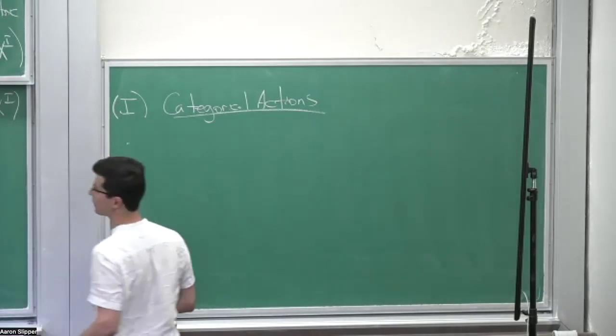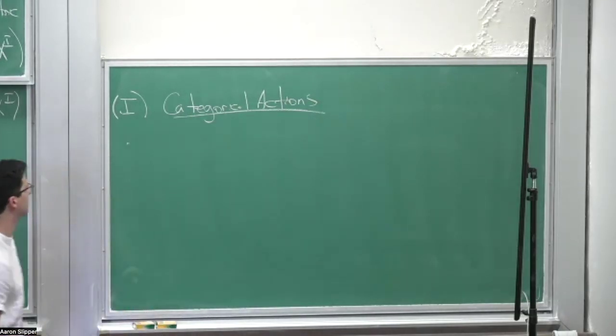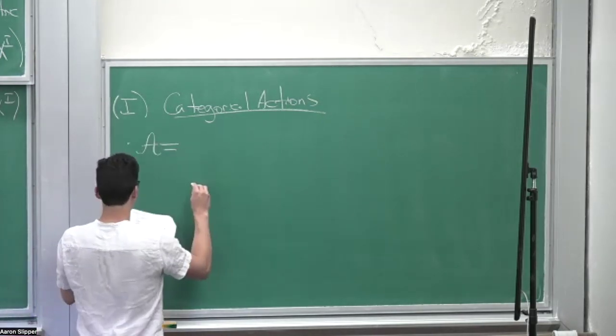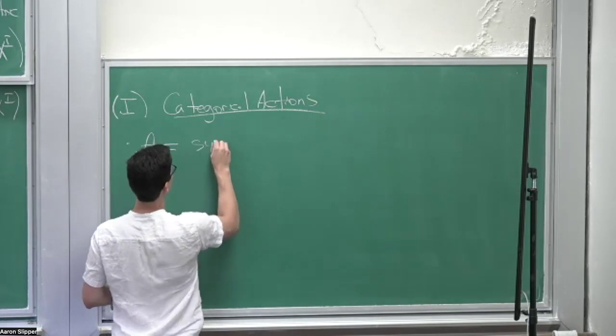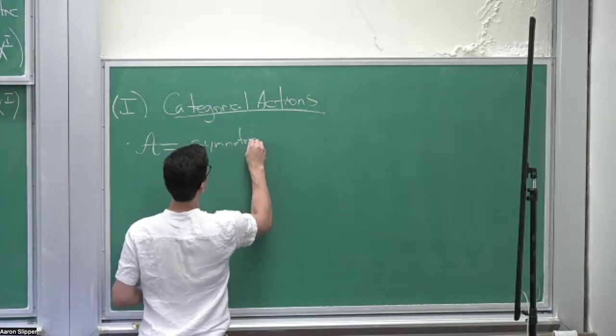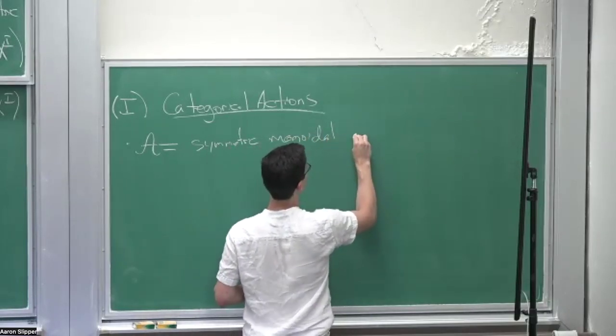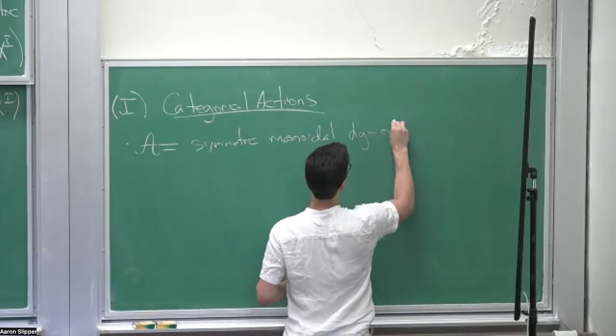So I'm going to work with symmetric monoidal DG categories. So A will denote some symmetric monoidal DG category.